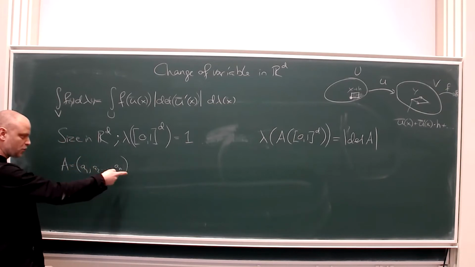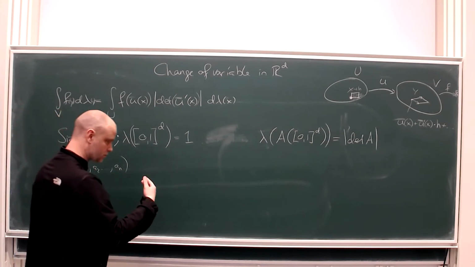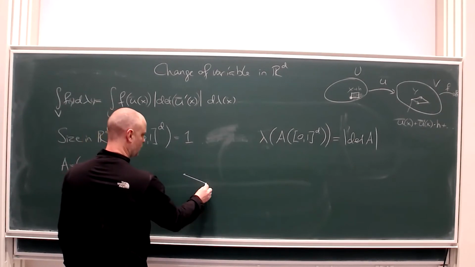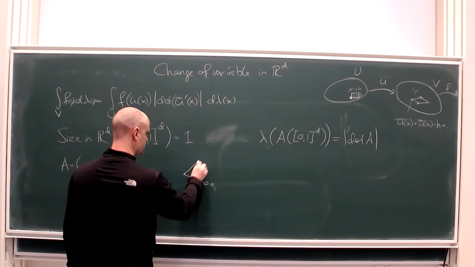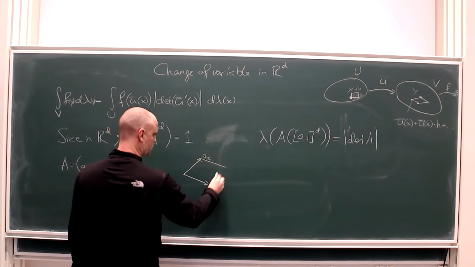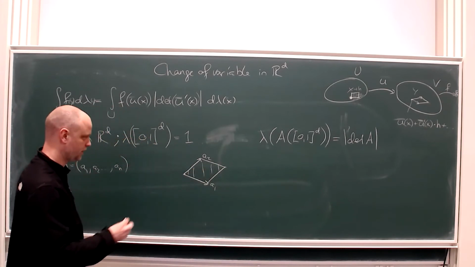So basically, you get all possible linear combinations of these with the coefficients between 0 and 1. So if this is A1, this is A2, then in 2 dimensions, you would get this rhomb, right?